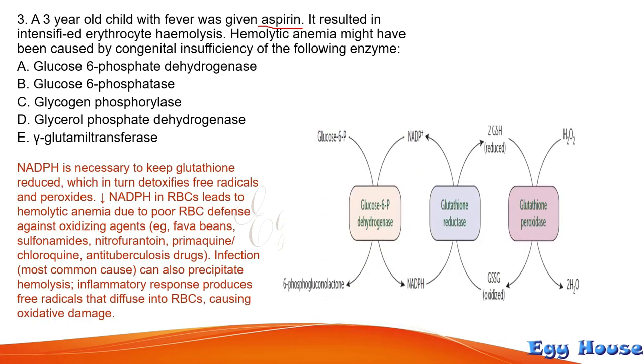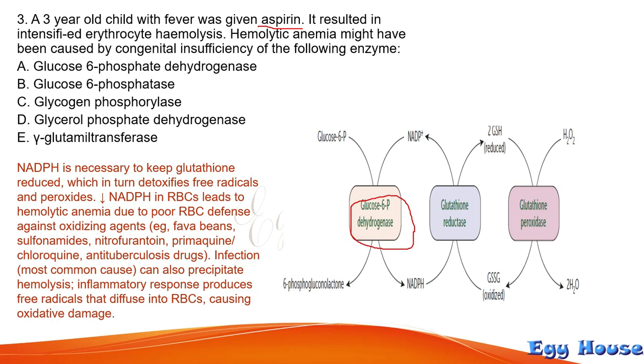Because as you can see here in this scheme, glucose 6-phosphate dehydrogenase is the main enzyme that reduces NADP plus to NADPH, and hence we need it, as a consequence, to produce glutathione peroxidase, which uses the NADPH and detoxifies the free radicals.